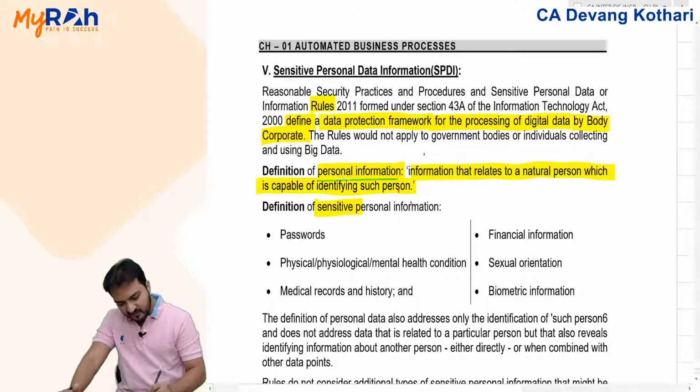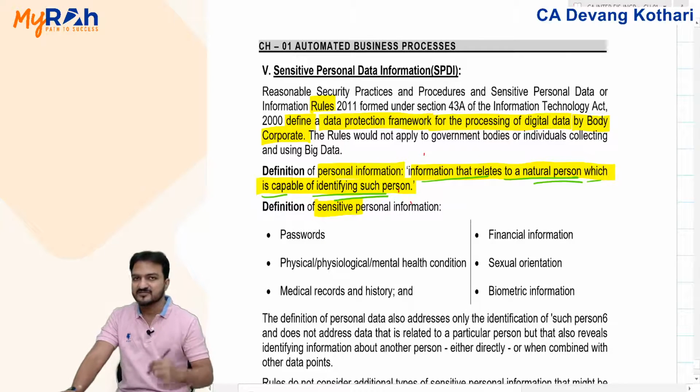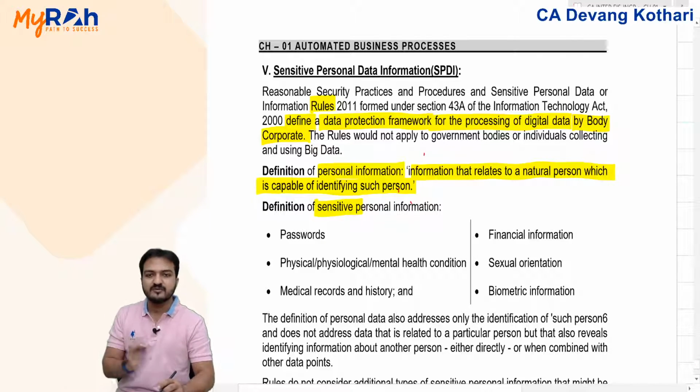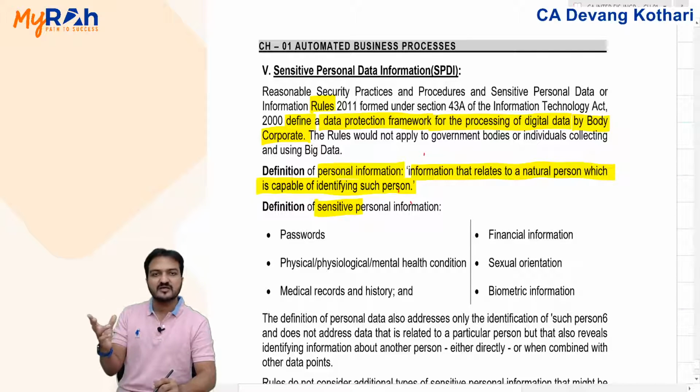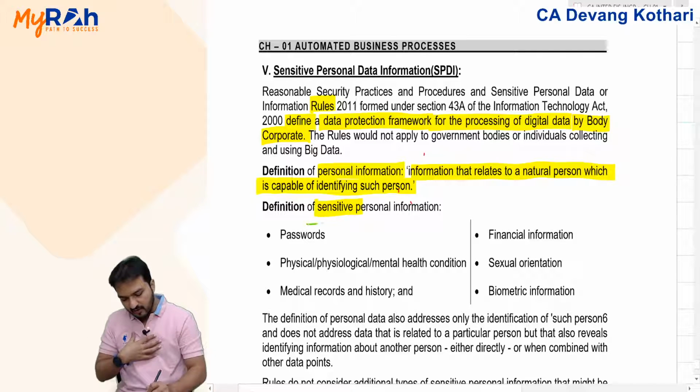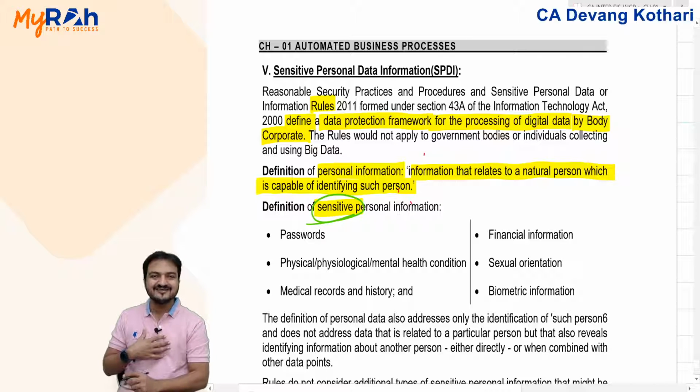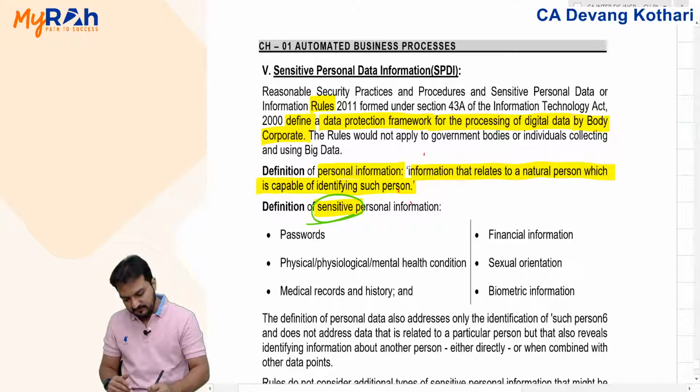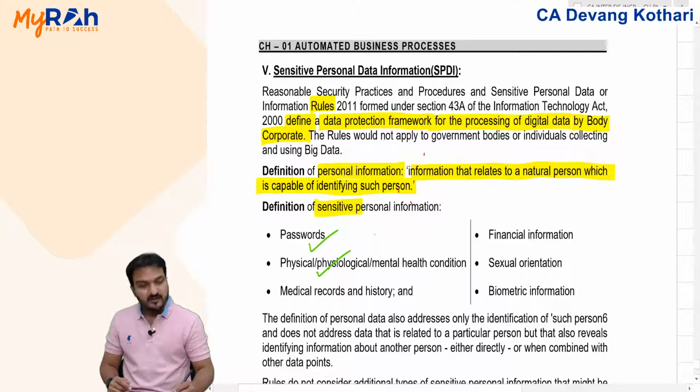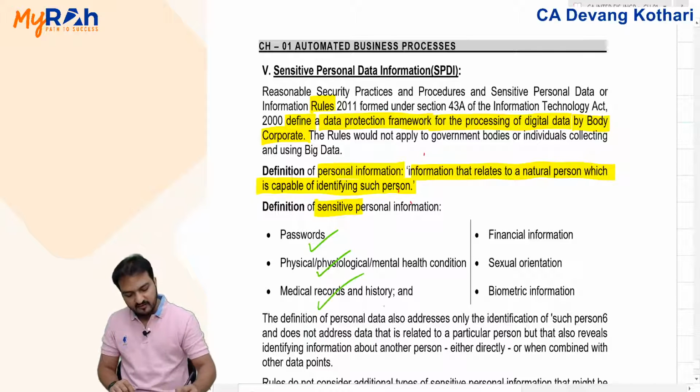For that, they have defined what is personal information. Information that relates to a natural person, that is capable of identifying such person. Personal information means any information that is able to identify me. Under that, sensitive personal information is more sensitive, more crucial, like my passwords, physical or mental health condition, medical records, financial information, sexual orientation.